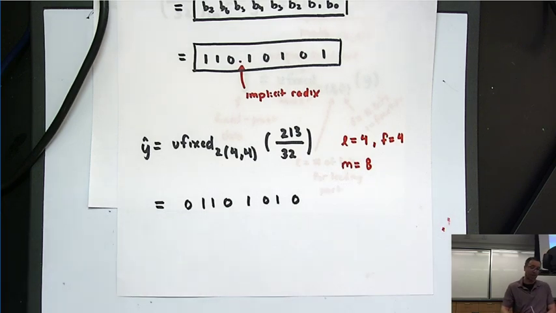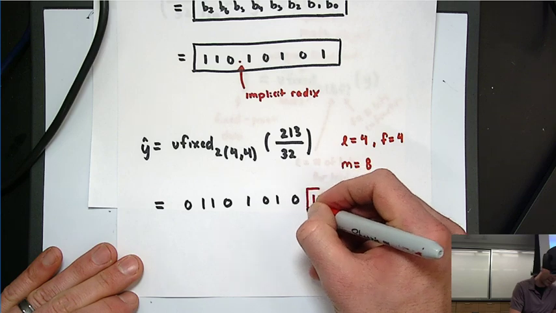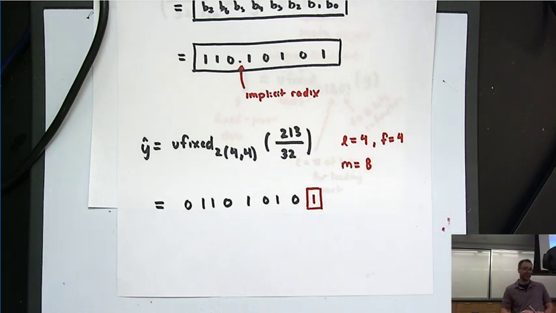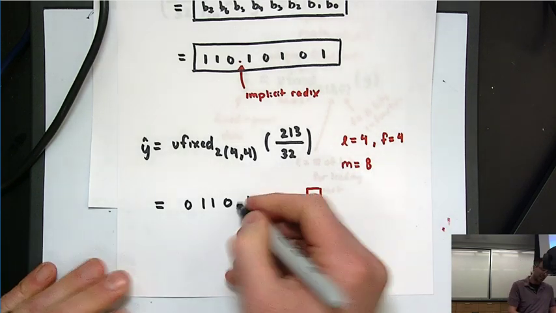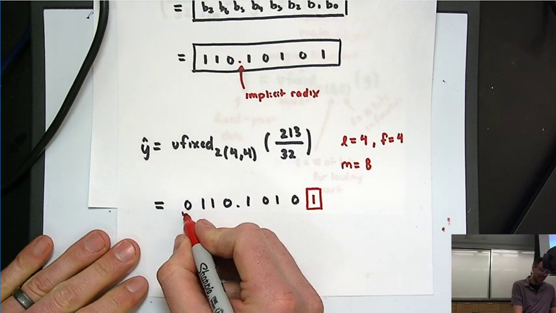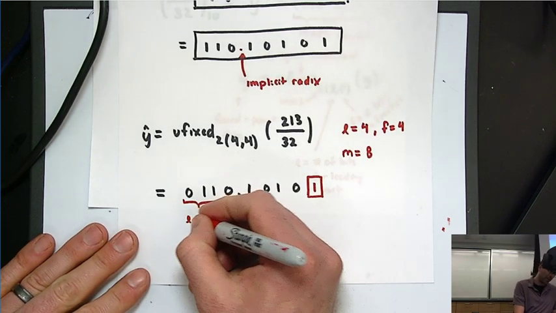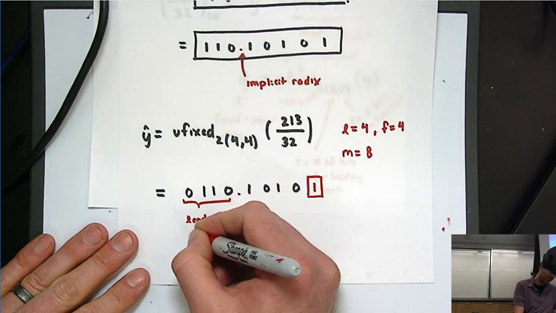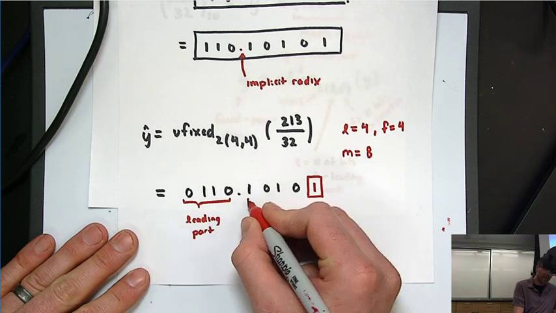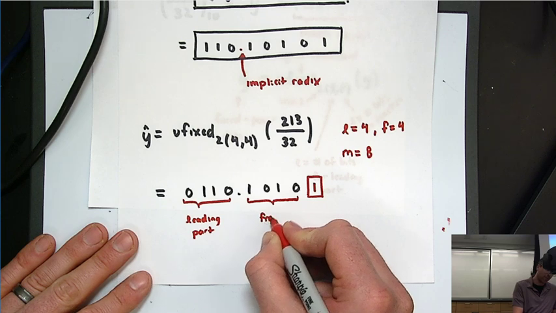And then the question, what happens with this? This thing is what we call our leading part. This thing right here is what? Yeah, fractional part.